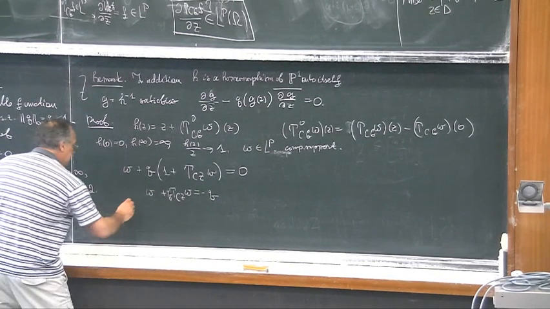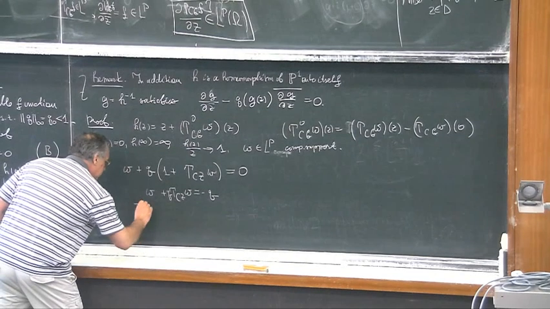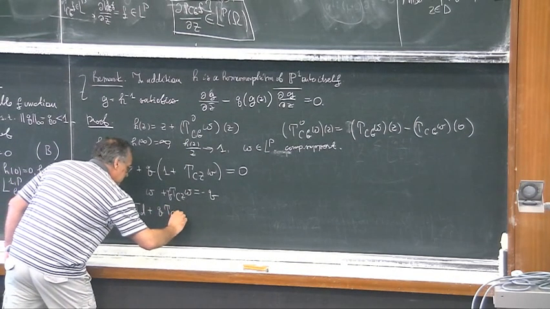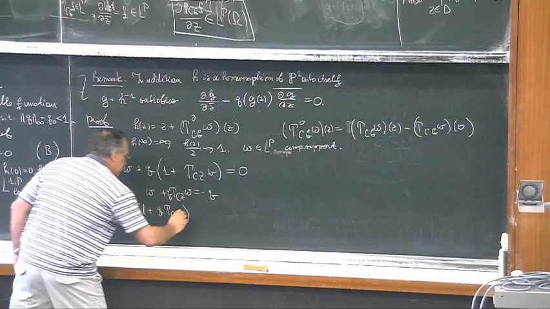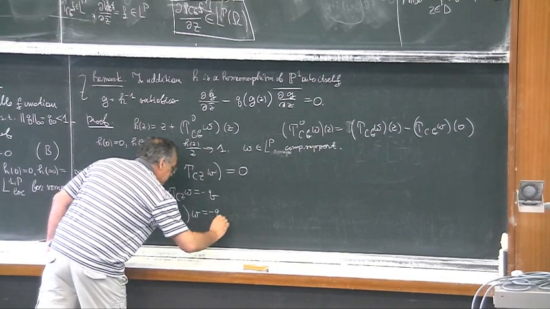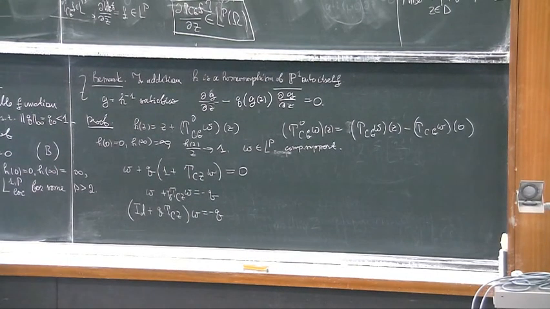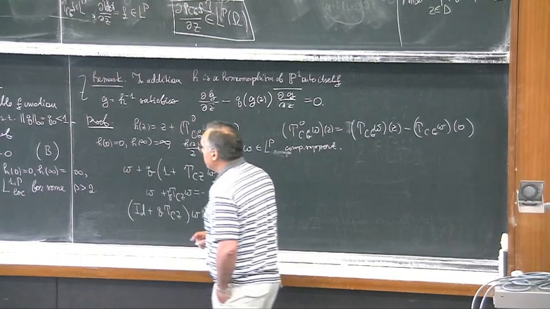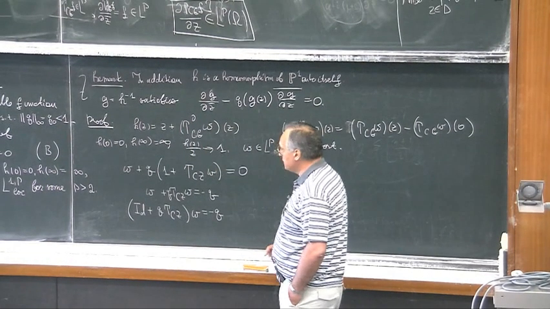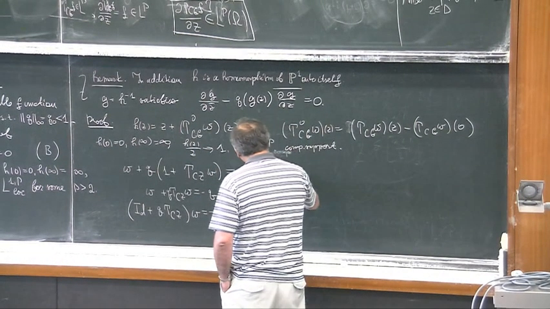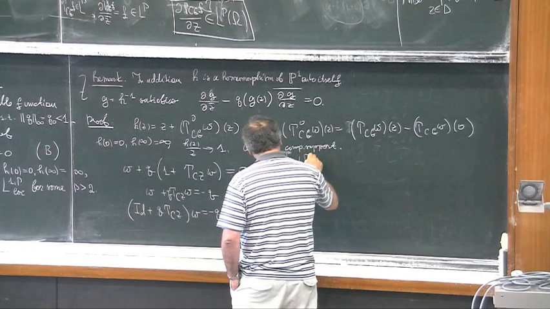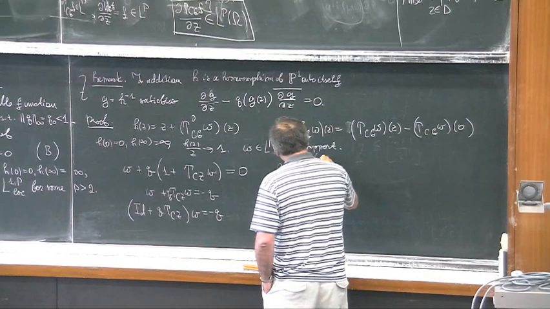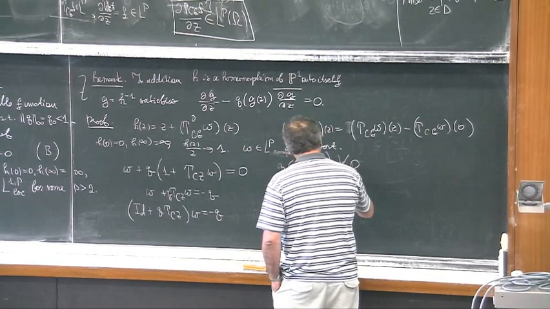So what we have here is an identity operator plus q times Calderon-Zygmund applied to omega is equal to minus q. Now q is a bounded measurable function with compact support. Therefore q belongs to LP for any p.